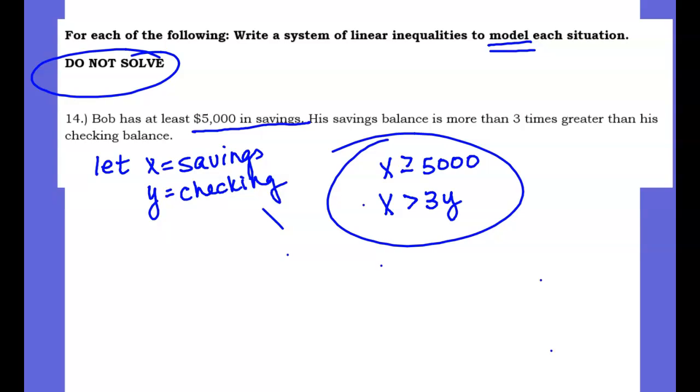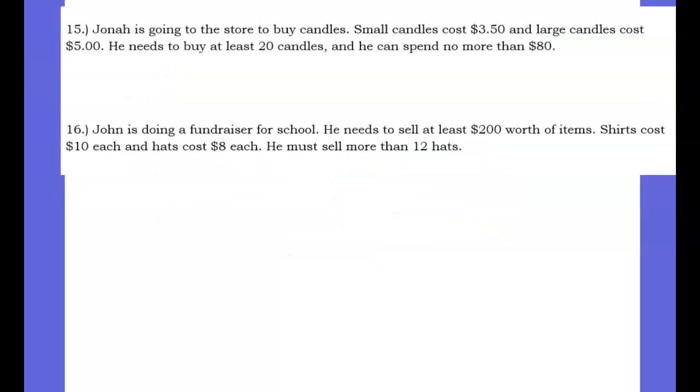So there it is. We don't have to do anything else with it but come up with the 2 inequalities. All right, looking at 15, Jonah is going to the store to buy candles. Small candles cost $3.50 and large candles cost $5. He needs to buy at least 20 candles and he can spend no more than $80. So again, our let statement: let's let X be the small candles, and let's let Y be the large candles.